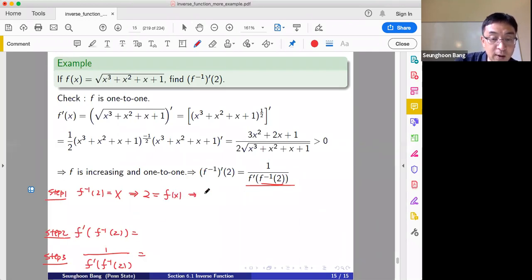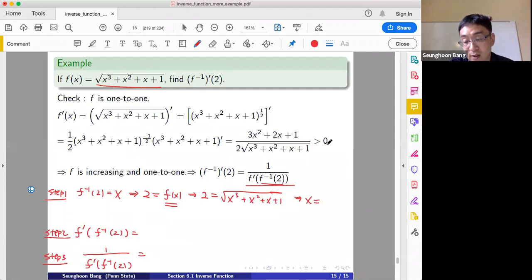So we have 2 equals f of x, which is the square root of x cubed plus x squared plus x plus 1. So what is x?